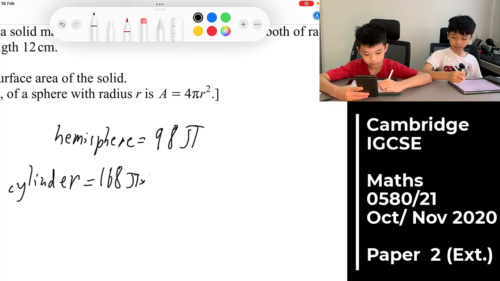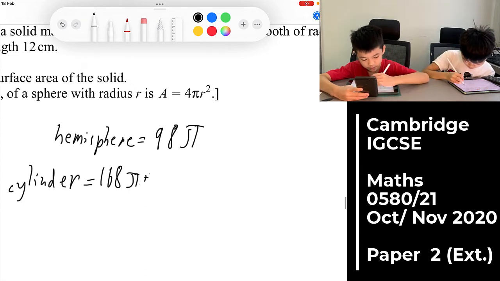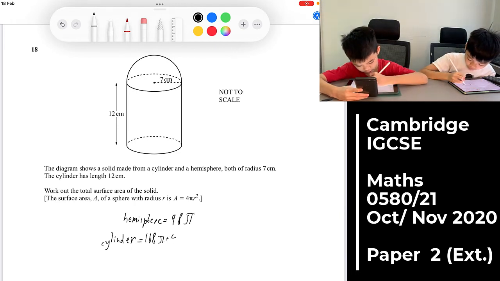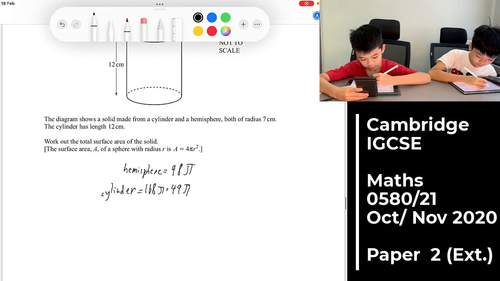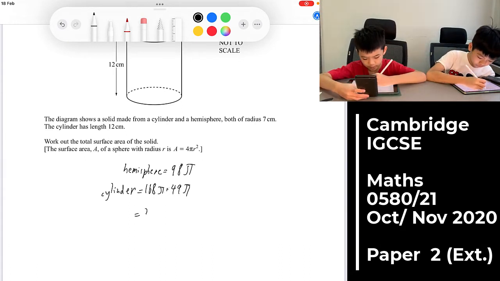So for the cylinder, it would be 168 pi plus pi r squared, which is 49 pi, so 168 plus 49, 217 pi.